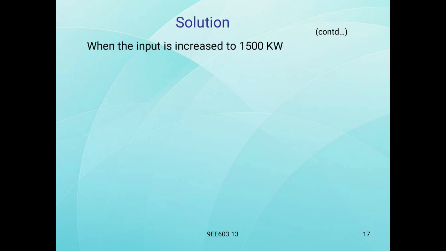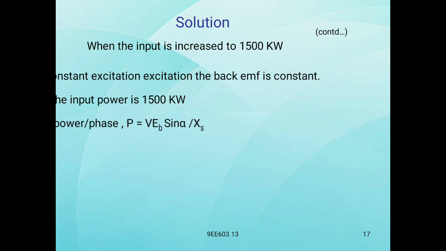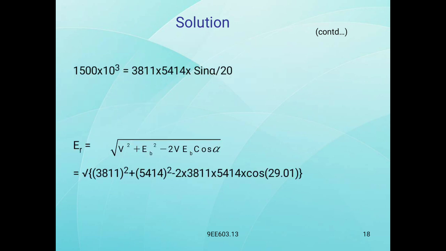Now when the input is increased to 1500 kilowatts, with constant excitation, the back EMF is constant. The input power is 1500 kilowatts and the power per phase is P is equal to V EB sin alpha by XS.